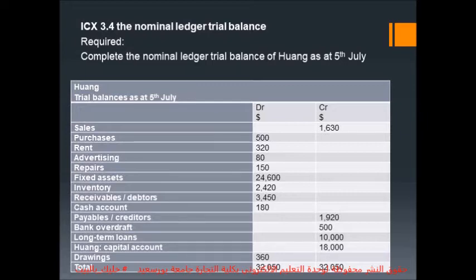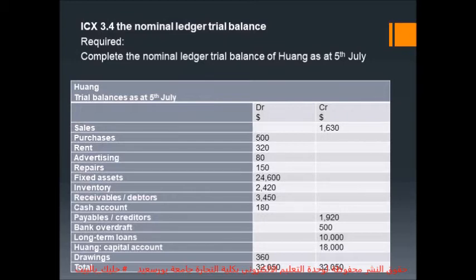First, we start with revenues and then expenses, assets, liabilities, owner's equity, and finally drawings. Because the sales revenues have a normal credit balance, the sales will be put in the credit side for $1,630.